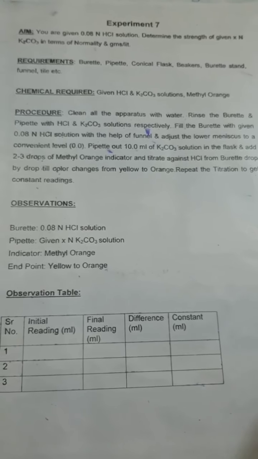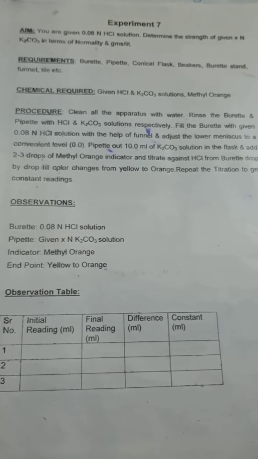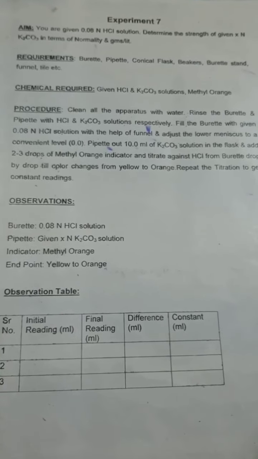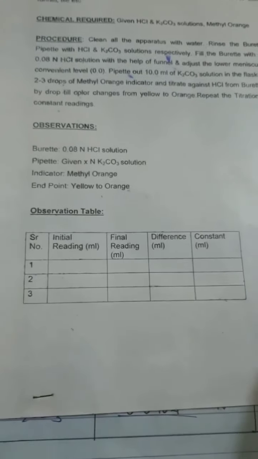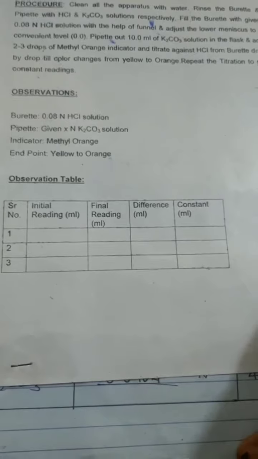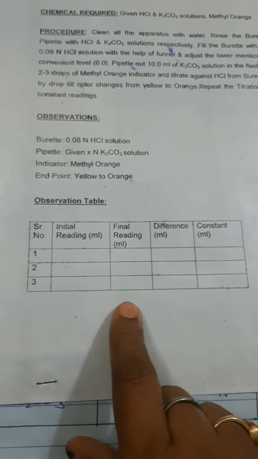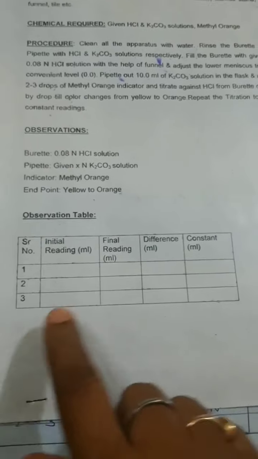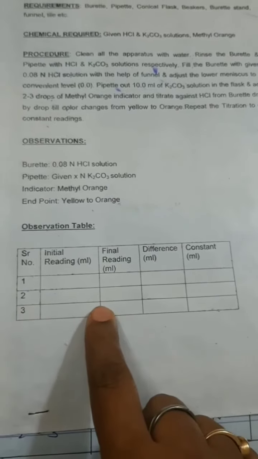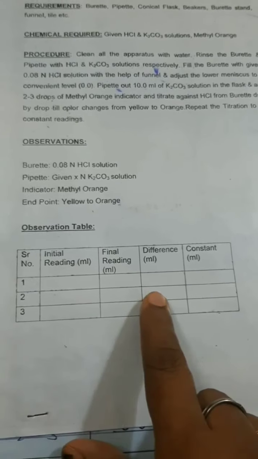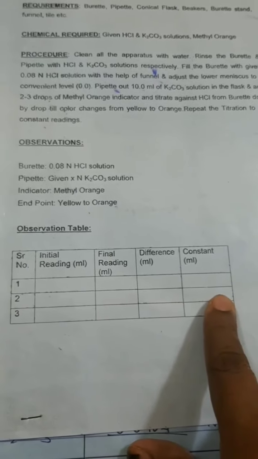But we have to repeat this procedure 3 times, and then we will note down the 3 readings. So for that we will make this observation table. You can see this is the observation table. In this, first is serial number, second is initial reading, then final reading, then difference, then constant.